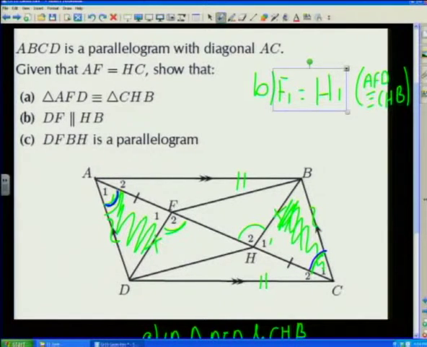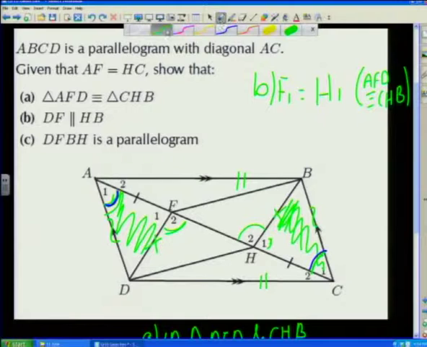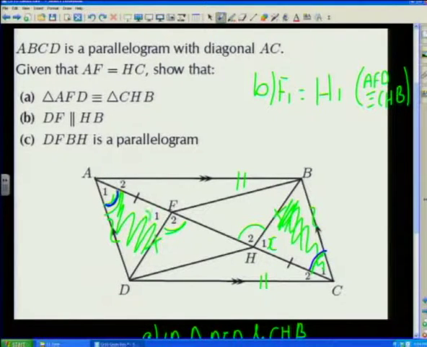So let's say those two are X. We're going to let H1 be X, then F1 is also going to be X because they're equal to each other.